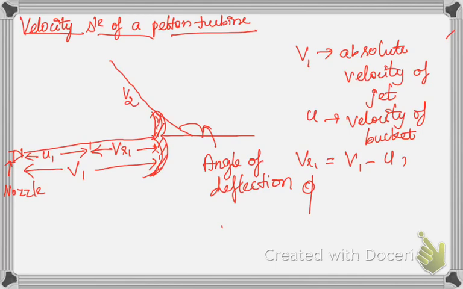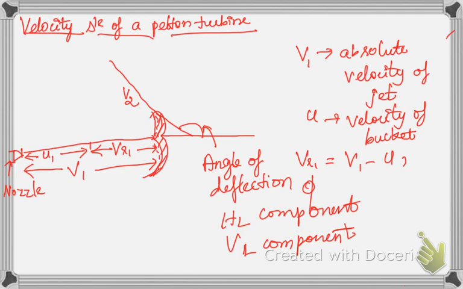Generally, if you learn in engineering mechanics, we subdivide our velocity into two components. If you have any slanting vector, we divide it into a horizontal component and a vertical component. Here the horizontal component will be the whirl velocity.